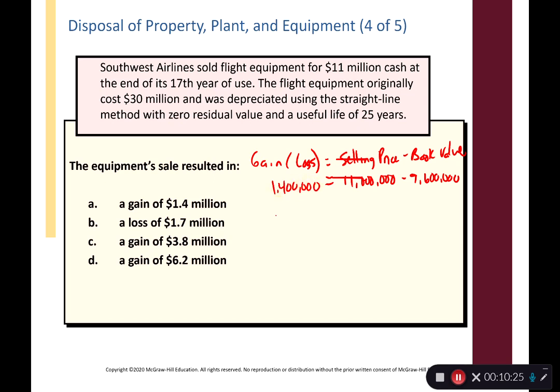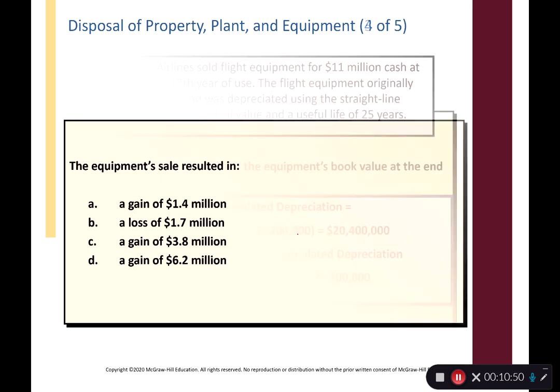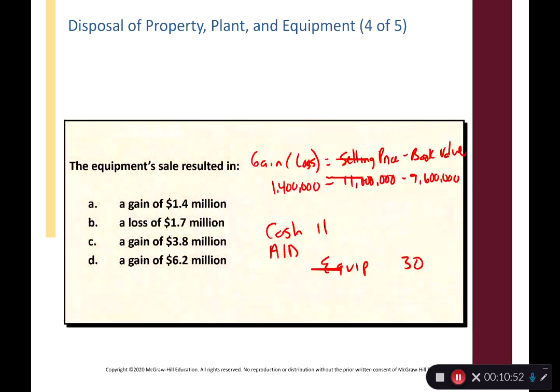To confirm that, we could do our journal entry. So the journal entry would involve debiting cash for the 11 million we received, crediting the equipment for the cost, which was 30, debiting the accumulated depreciation for the amount of accumulated depreciation, which was 20.4 million.